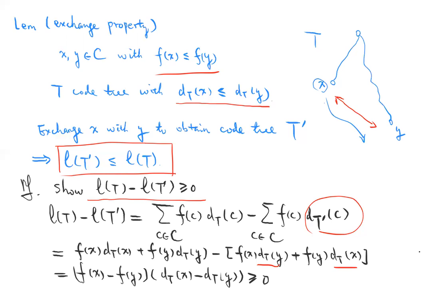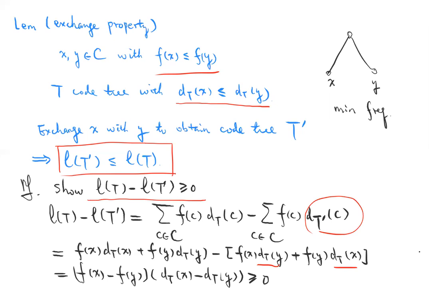You see, the proof of this lemma is really straightforward, but it's kind of tedious, kind of boring, so I will not go over the full proof. It's in the notes. This one is very important, the key property, the exchange property. Once we have this key property, we can use it to show that our operation indeed works: we can always pick x, y, the two of minimum frequency.